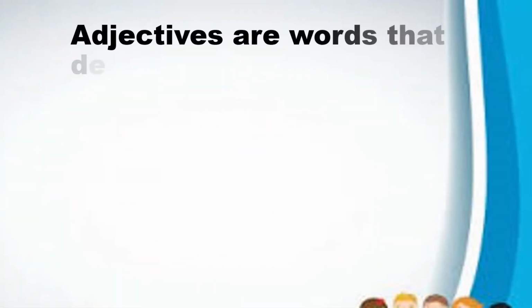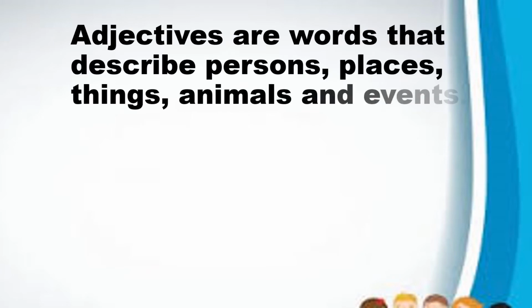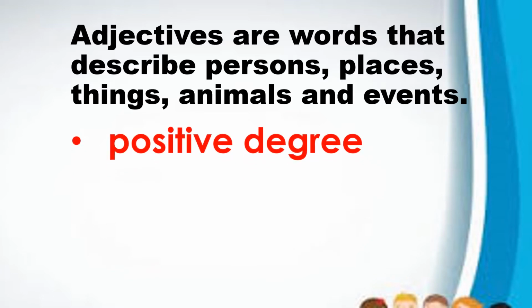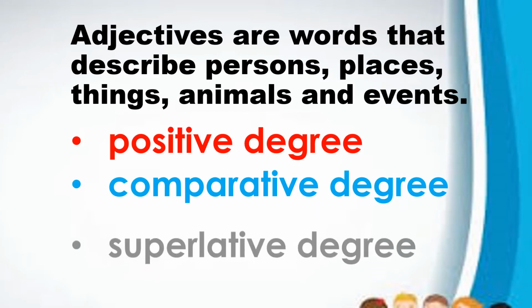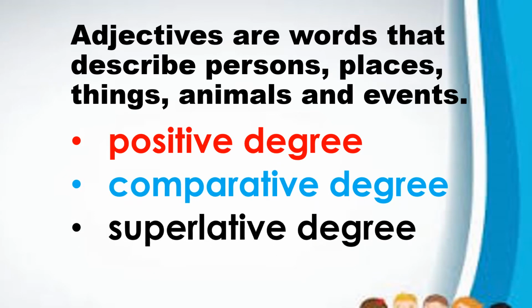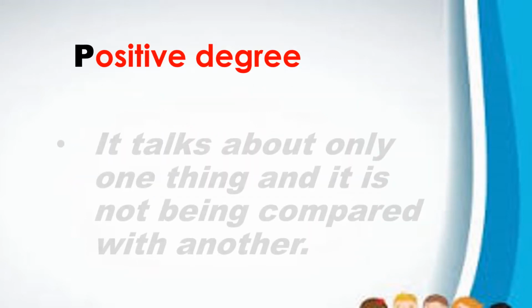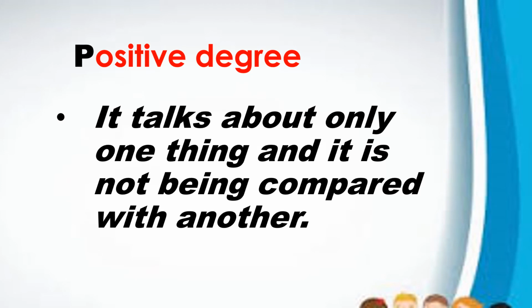Take note that adjectives are words that describe persons, places, things, animals, and events. And there are 3 degrees of comparison: positive degree, comparative degree, and superlative degree. Positive degree talks about only one thing and it is not being compared with another.